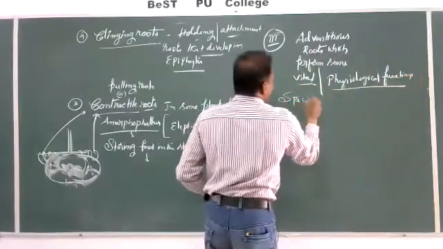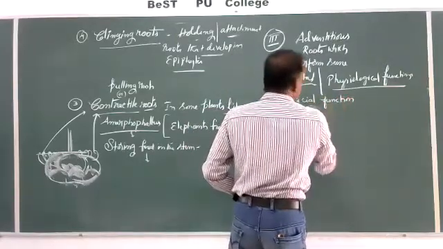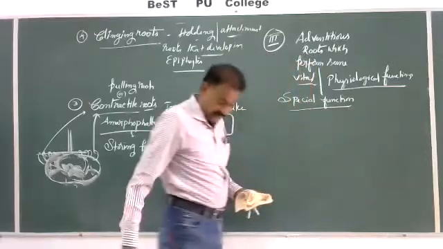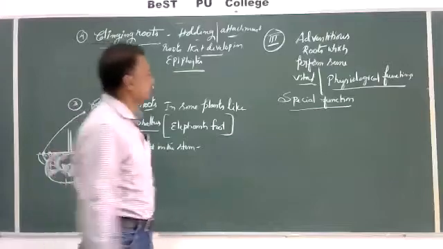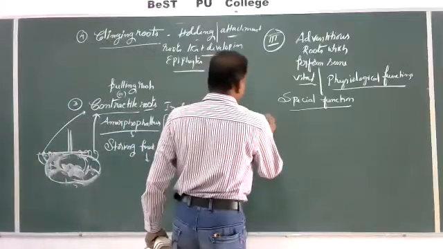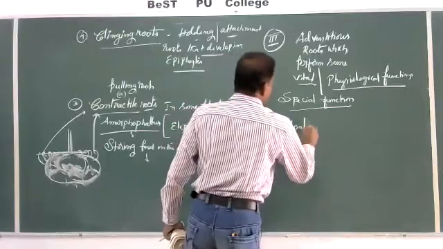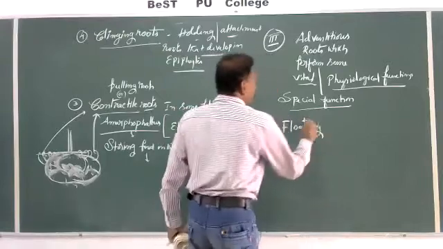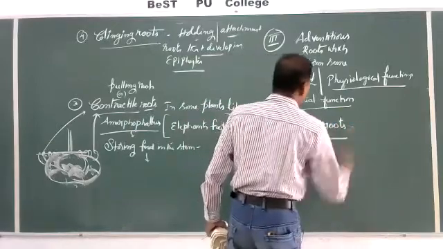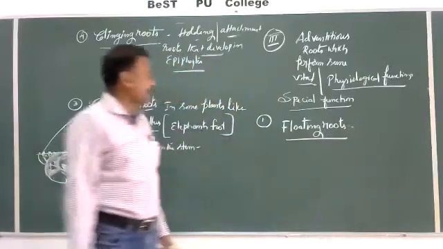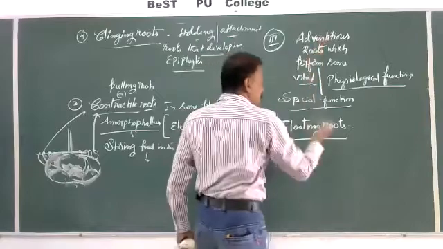We can give various names, which will perform some vital functions, physiological functions and special functions. That is, first one, floating roots. Floating roots are adventitious roots.